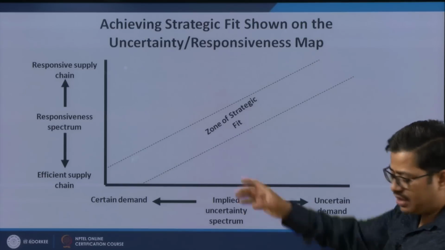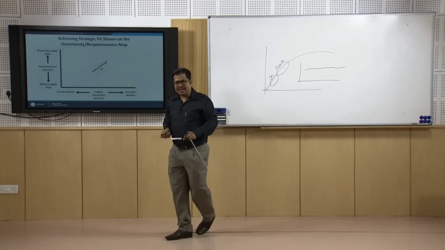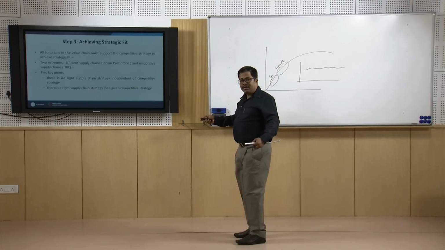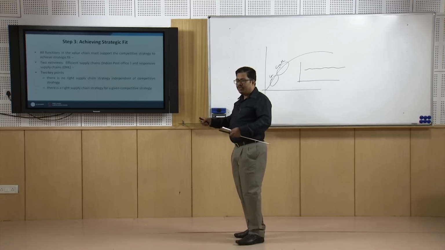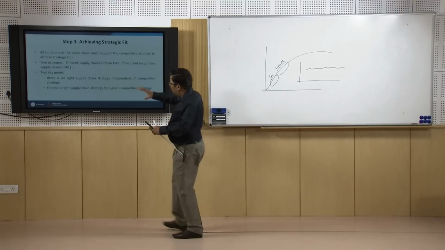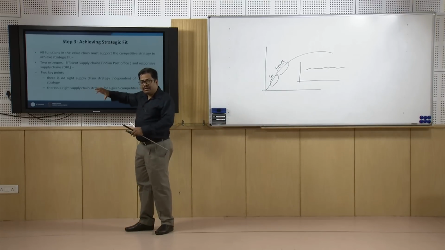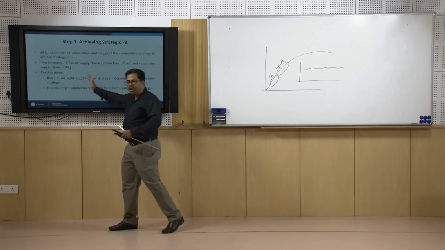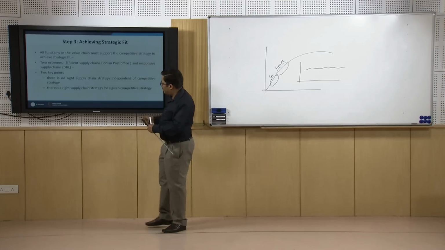Both these organizations are in the zone of strategic fit. So, you can discuss more such examples where you will find that same supply chain, same category of products can be located either at the origin or at the extreme of the zone of strategic fit.